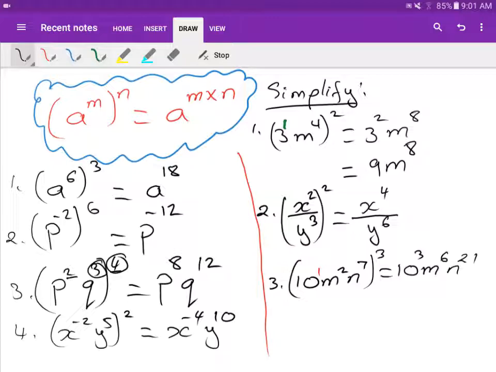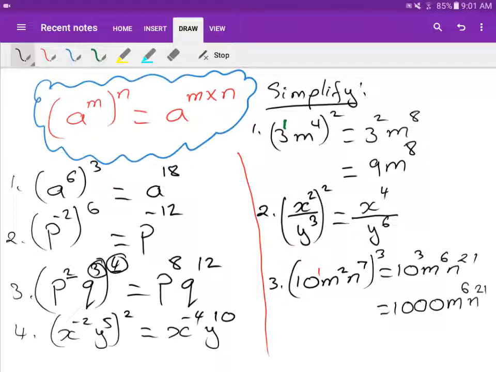It doesn't say write in index form. If they say write in index form, this is your answer. But it says simplify, so you have to work out 10 power 3. 10 power 3 is 1,000. Otherwise, just use your calculator. It gives you 1,000. So 1,000, m to the 6, n to the 21.